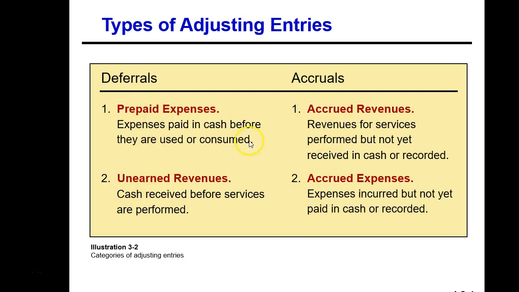We'll cover these later. Prepaid expenses are expenses paid in cash before they are used or consumed. Unearned revenue refers to cash received before services are performed. We're going to focus on adjustments for prepaid expenses and adjustments for unearned revenue.